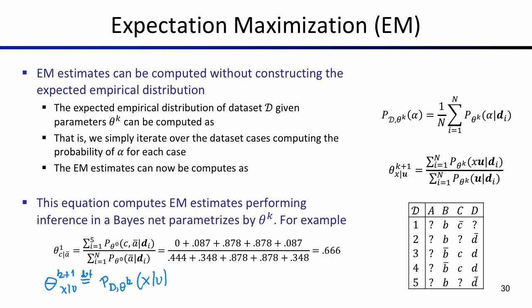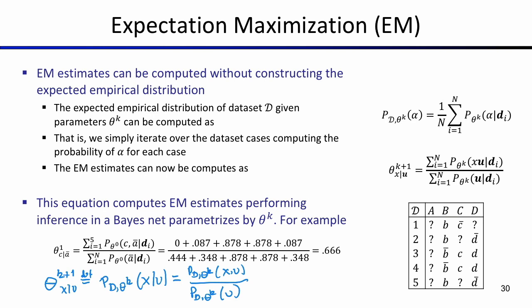So when using this definition, what we can say is that this is going to be a ratio between the probability given by the expected empirical distribution of x and u, divided by the probability of u, also given by the expected empirical distribution.